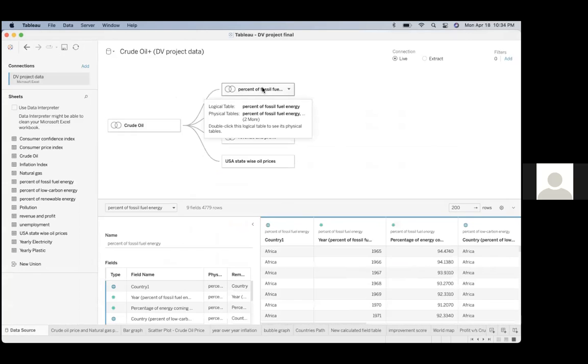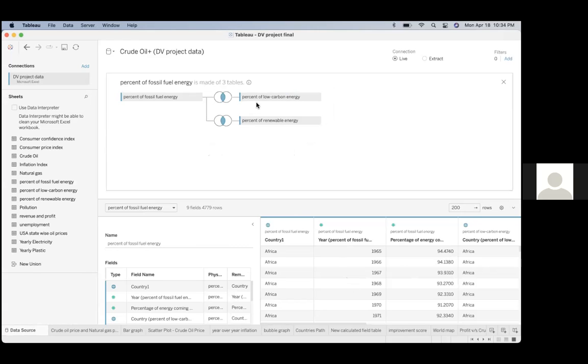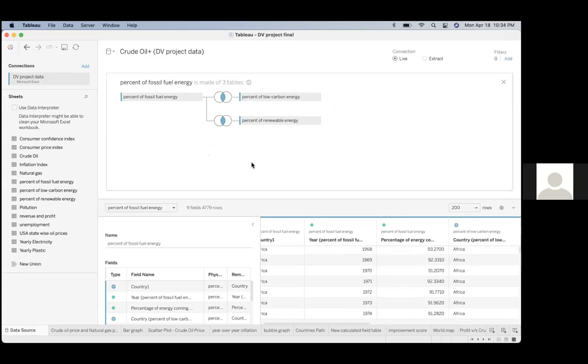So in another, let's look at table number 2, which contains information about percentage of energy consumption that comes from fossil fuel and renewable energy and low carbon energy in different countries in the world from year 1965 to 2020.